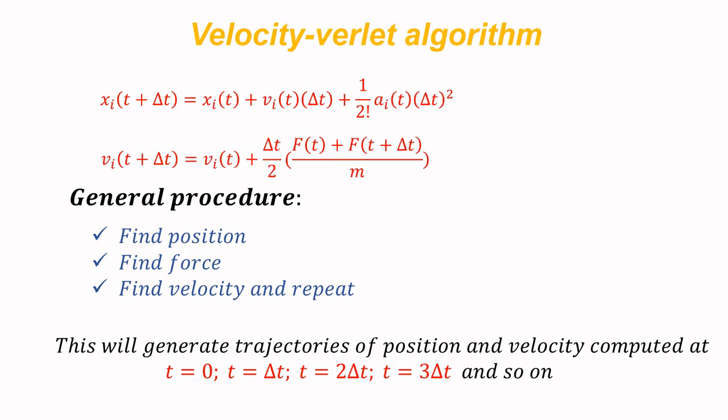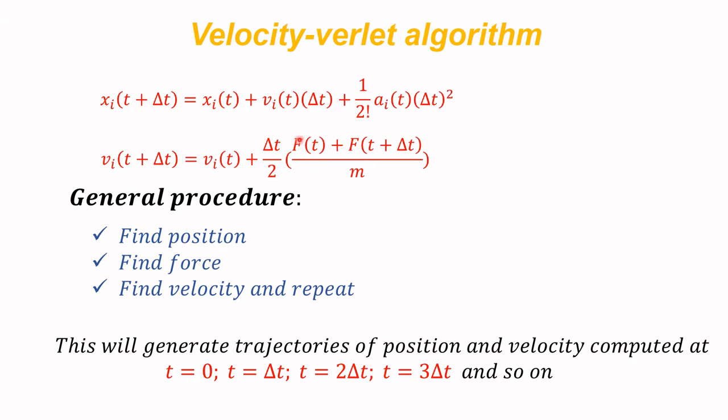After finding the position, I need to calculate the velocity. But before calculating the velocity, I need to calculate the force. This is the most difficult part in the case of the velocity Verlet algorithm to calculate the position and velocity of the particles.